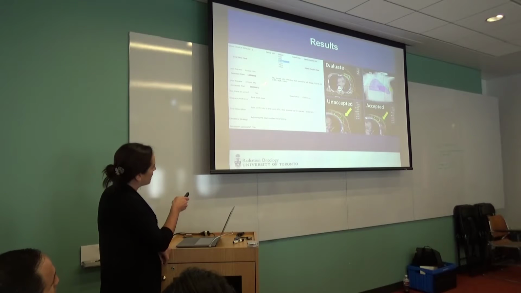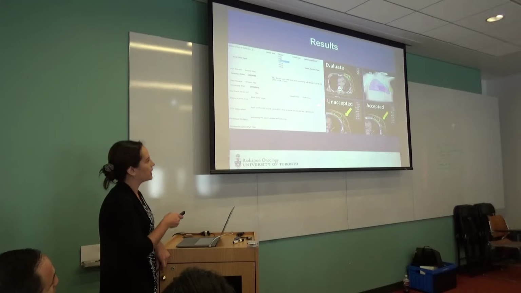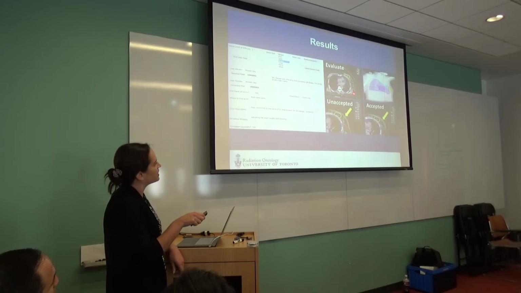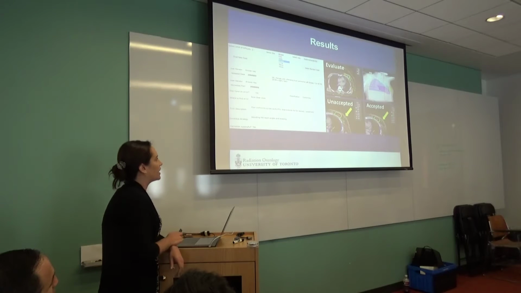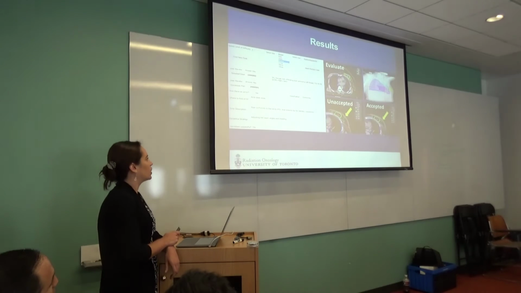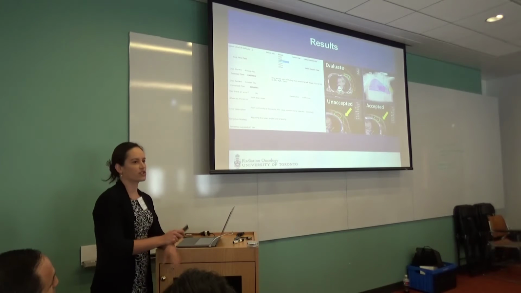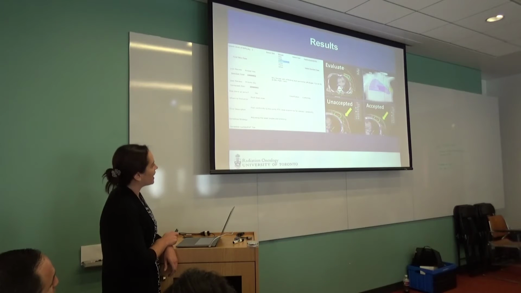Then the database will provide them with a case and a little clinical blurb regarding the plan, and then they'll have access to the plan in a DICOM RT platform, where they can scroll through the plan in 3D. They can look at the DVHs, they can look at the beams, they can look at the points of interest, prescription site, and evaluate the plan just like we would in real life.